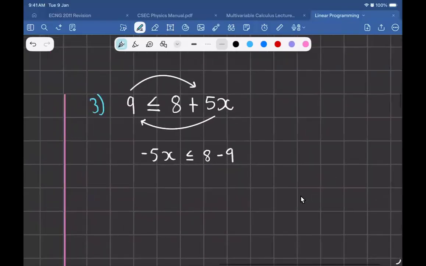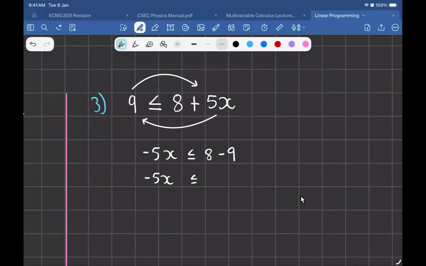All right, what was the next line? Minus 5x divided by minus 5. You're correct, but we should probably simplify before we do that step. What is 8 minus 9? Minus 1, right?